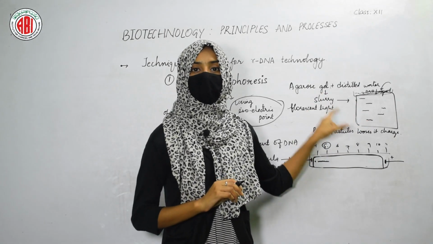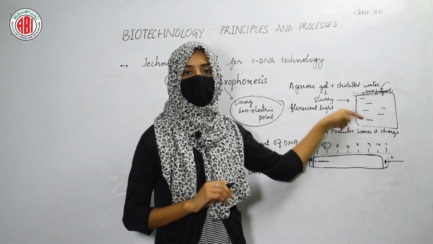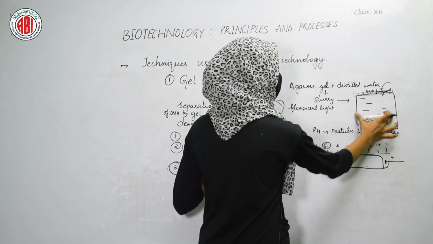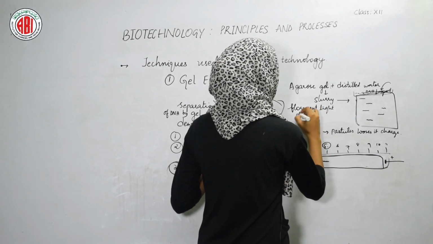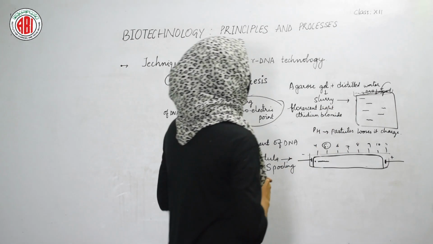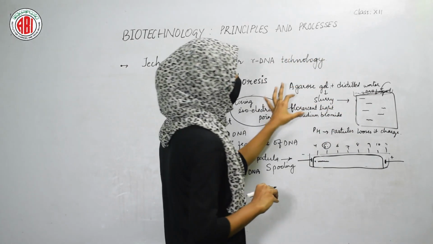plate. Before exposing this gel plate to the fluorescent light, first we need to dip this agarose gel plate in a solution called ethidium bromide solution. Only after dipping the gel plate in the ethidium bromide solution can we detect the presence of the strands on the gel plate by exposing it to the fluorescent light.